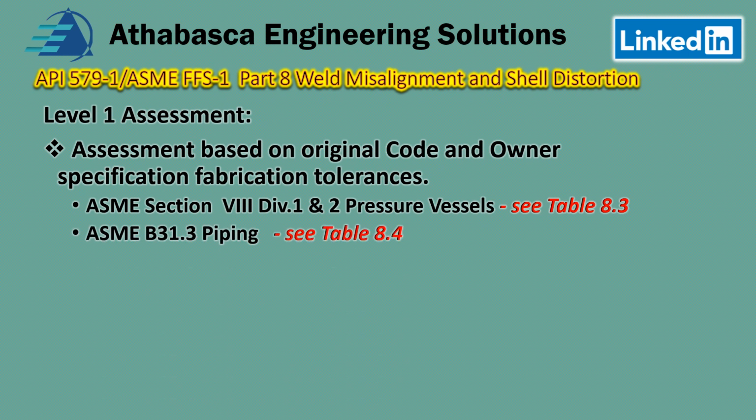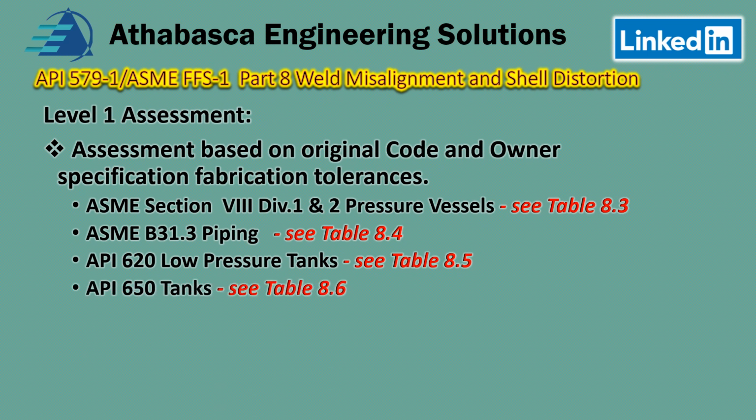Another example is B31.3. You can refer to a handy table built, again, straight into the code. It's Table 8.4. The next one is for low pressure tanks, API 620. Table 8.5 will show you the standard tolerances, and API 650, Table 8.6, and API 653, which is tank repair.